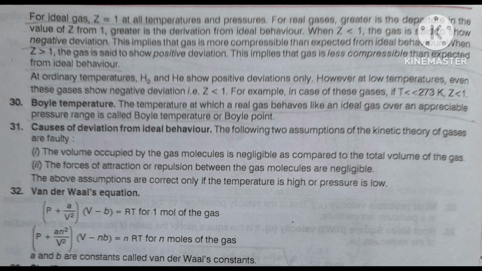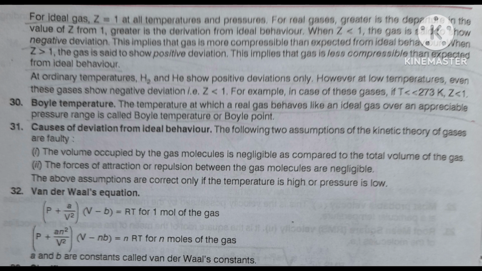The new pressure became P plus a upon V square. This is the correction in pressure. And the correction in volume is V minus b, small b. Here a, small a, is a constant, and b is also a constant.